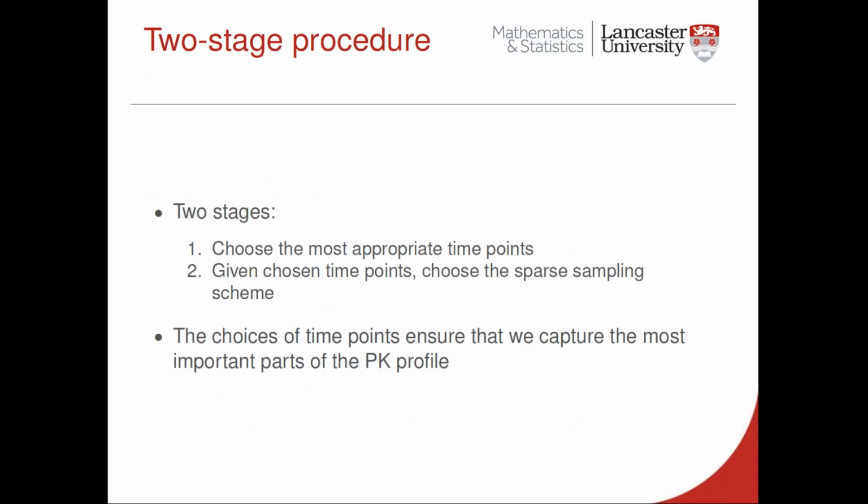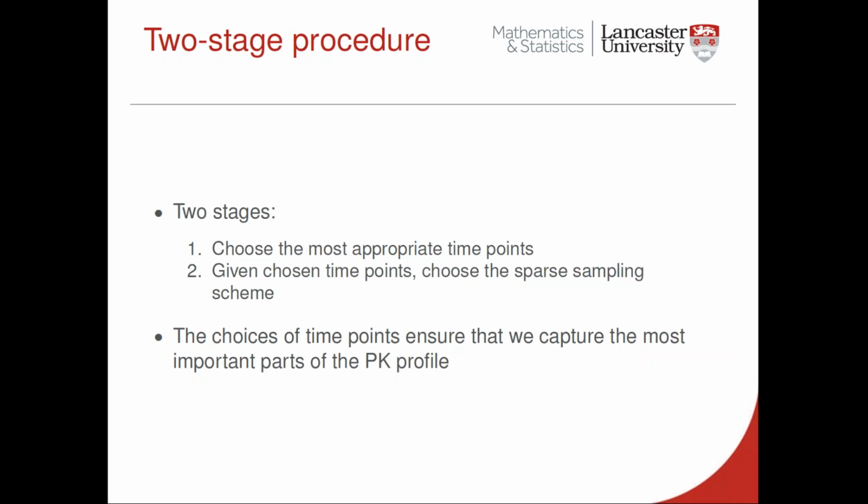Okay, so how can we then obtain an optimal design? What we're going to do is make use of a two-stage procedure. In the first stage, we ask ourselves, what are the best time points that we should consider in the first place?